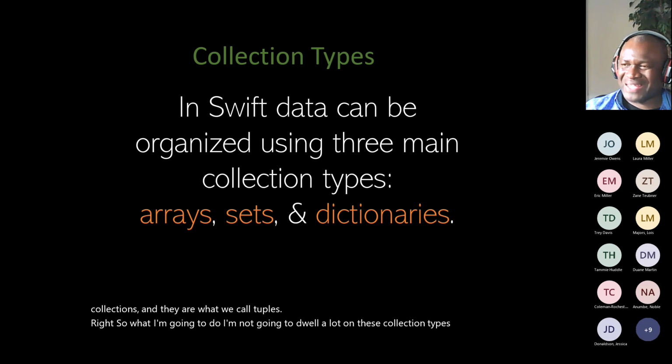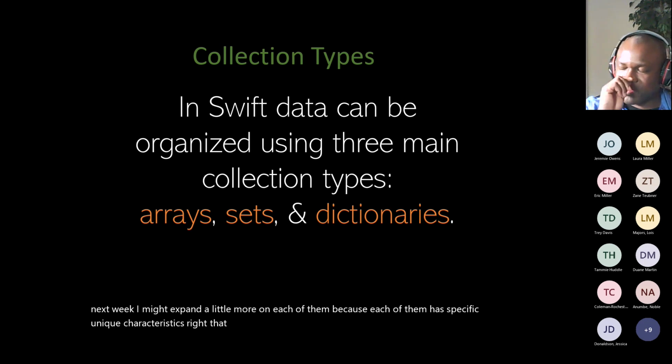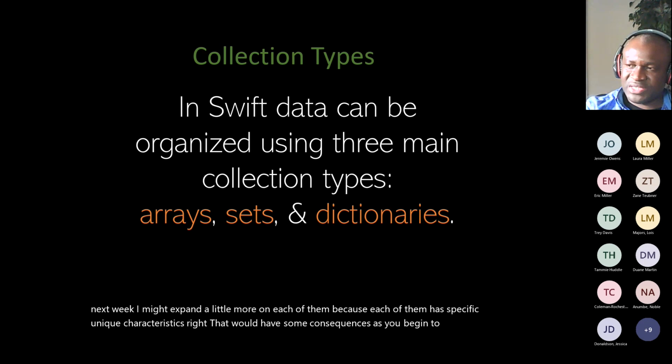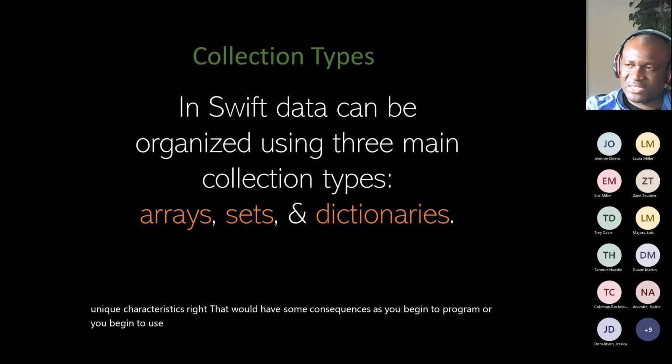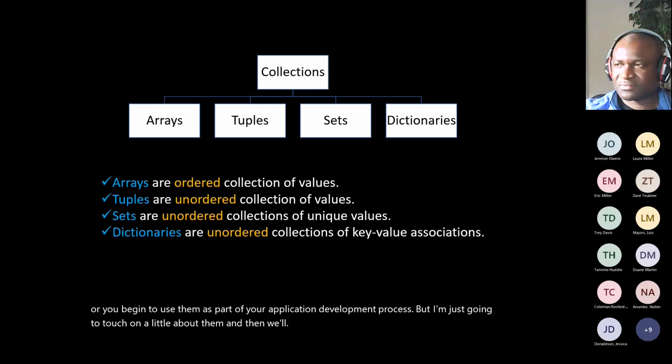Maybe next week, I might expound a little more on each of them, because each has specific unique characteristics that would have some consequences as you begin to use them as part of your application development process. But I'm just going to touch on them a little and then we'll move on.